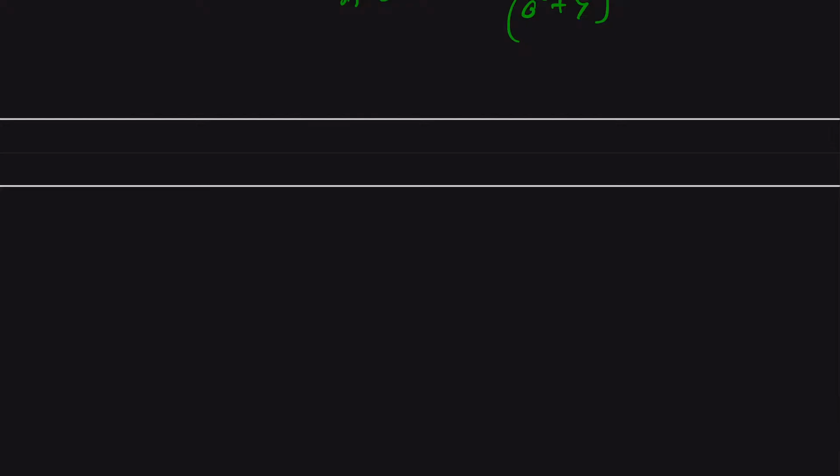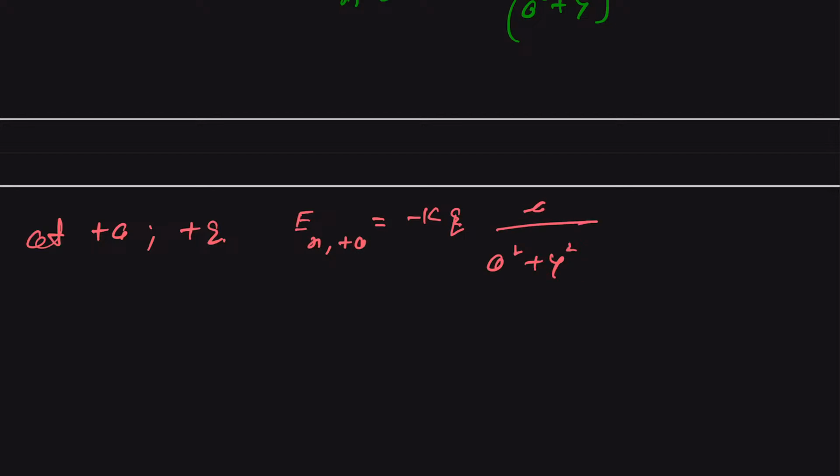Now we come to plus a, where the charge is plus q. Therefore, the horizontal component because of the charge at plus a is minus kq times a upon (a square plus y square) to the power 3/2.